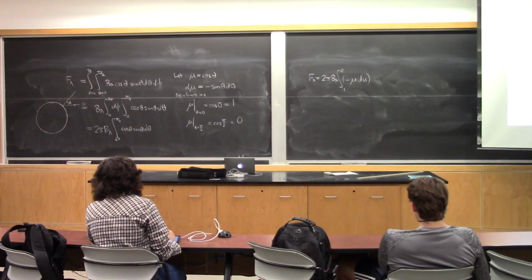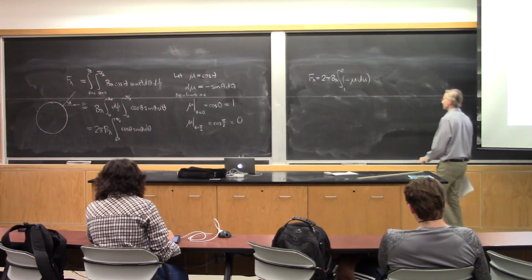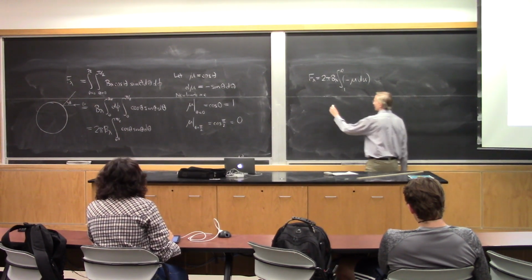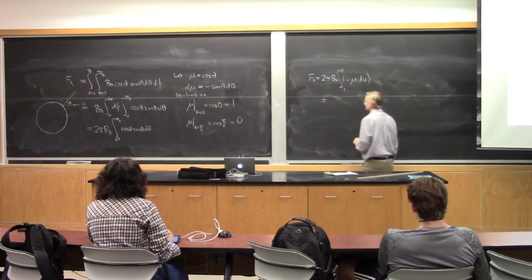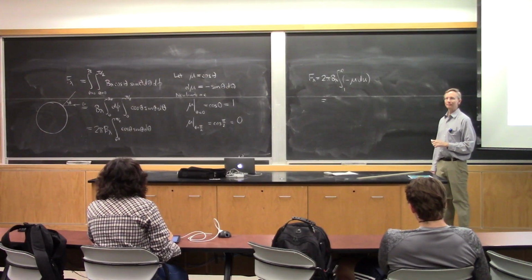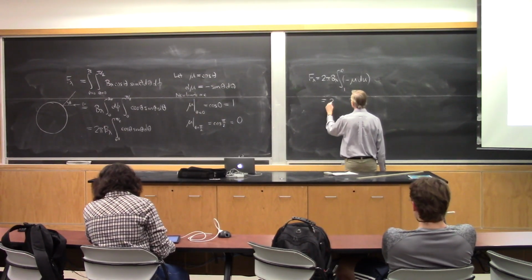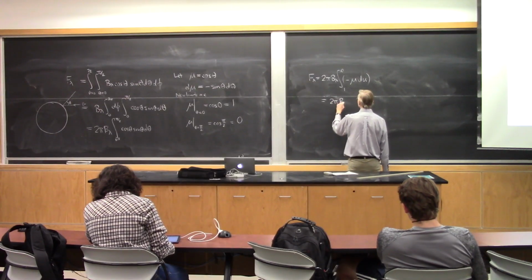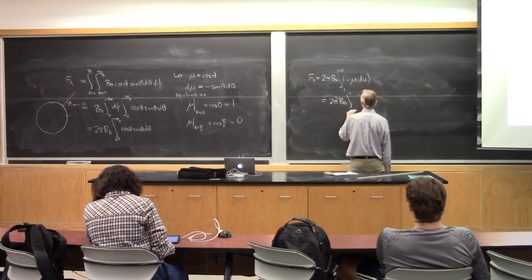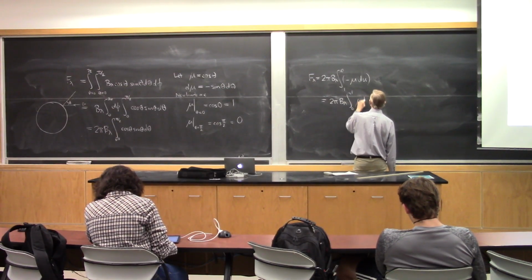So this is the integral of minus mu d mu, which I could certainly just do in this form, but I tend to prefer to get rid of the minus sign, and if I get rid of the minus sign, what else do I have to do? Flip the limits, right? So this is also 2 pi B lambda times the integral from 0 to 1 of mu d mu, right?